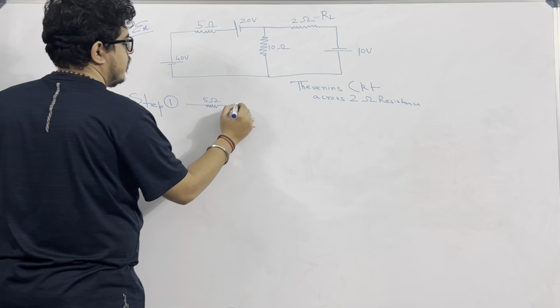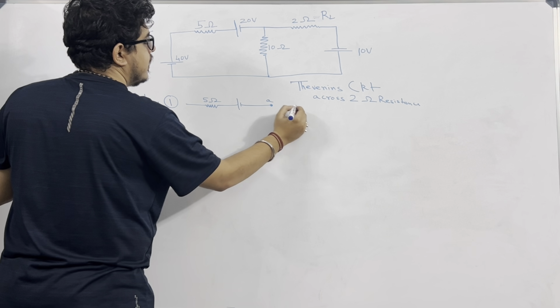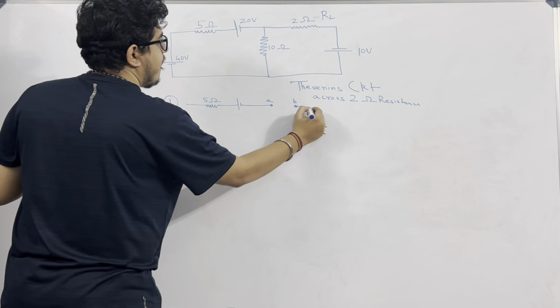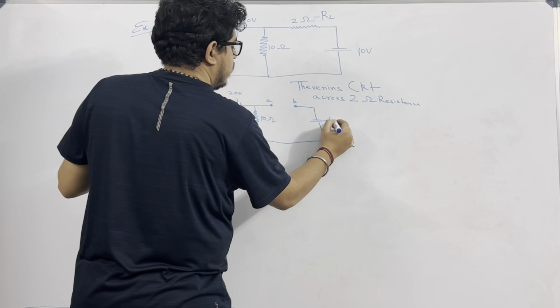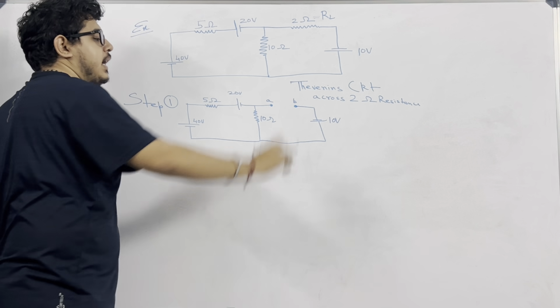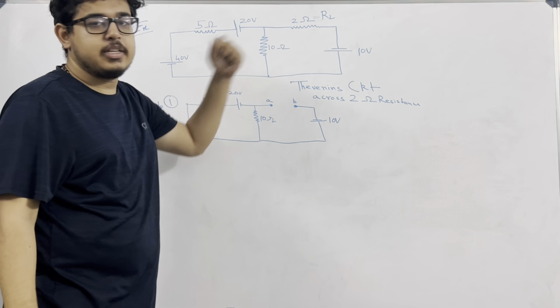I remove the load and mark the terminals as A and B. So this is our first step, to remove the resistance across A and B, which is the load resistance, and to find voltage Thevenin.